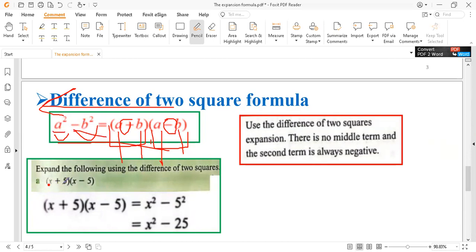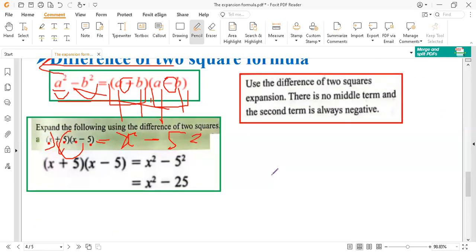So we have x and 5, but instead of plus we have a minus. These are conjugates of each other. If we multiply them, we obtain x squared, the first one squared, minus the second one squared. Easy. So x squared minus 25.